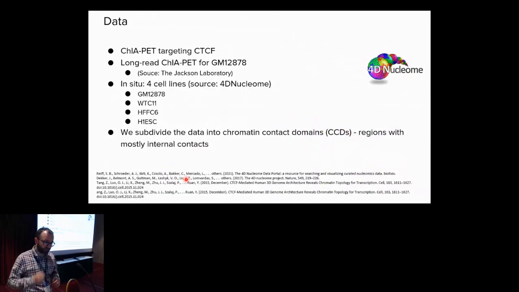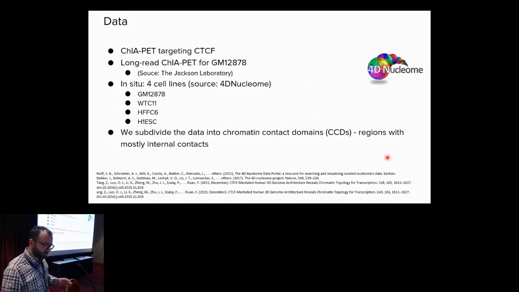So the particular data that we used to run this algorithm on was ChIA-PET targeting CTCF, like I mentioned, and we used long-read ChIA-PET for the human lymphoblastoid cell line, and the in situ ChIA-PET for select cell lines from the 4D Nucleome. The long-read ChIA-PET was provided courtesy of the Jackson Laboratory. So we focused primarily on GM12878, and there was also the human embryonic stem cell line, foreskin fibroblast cells, and human induced pluripotent stem cells.